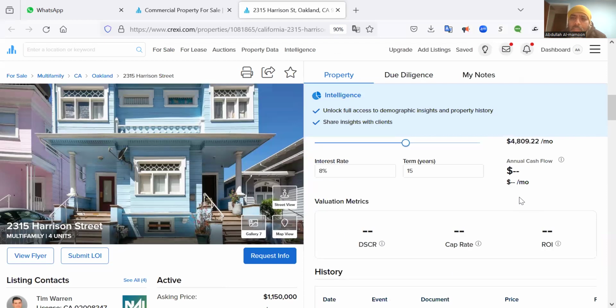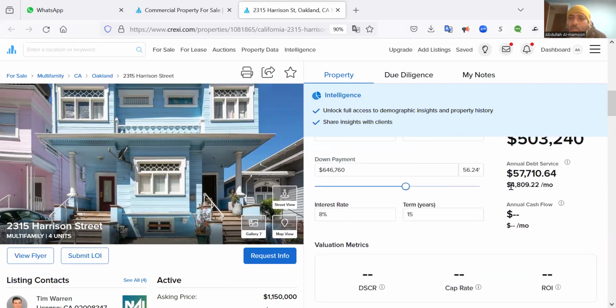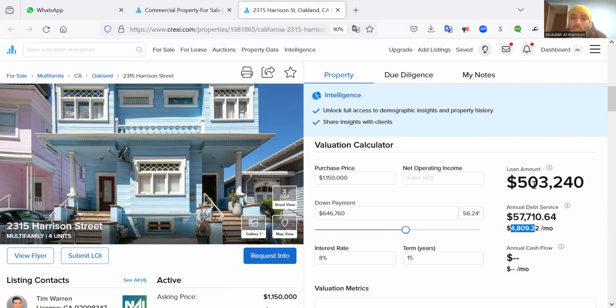At least per month, you're going to have maybe another 4,000 in expenses. So you're going to get $3,000 a month. Let's say you get $4,000 a month. $4,000 a month times 12 is $48,000 a year, right?